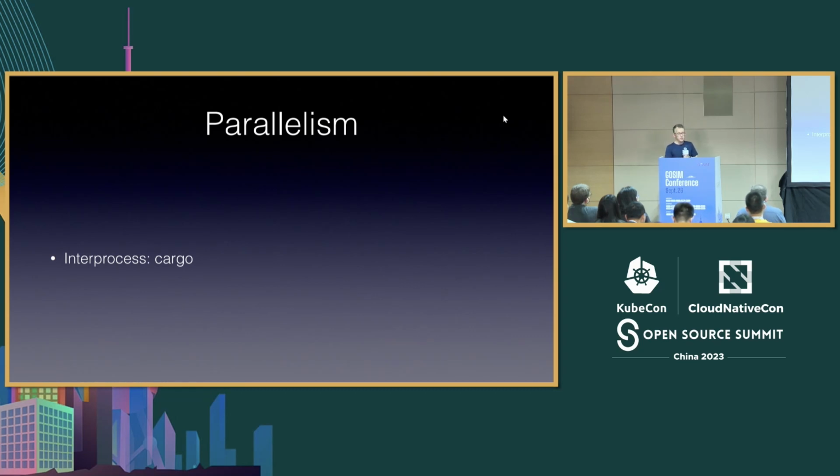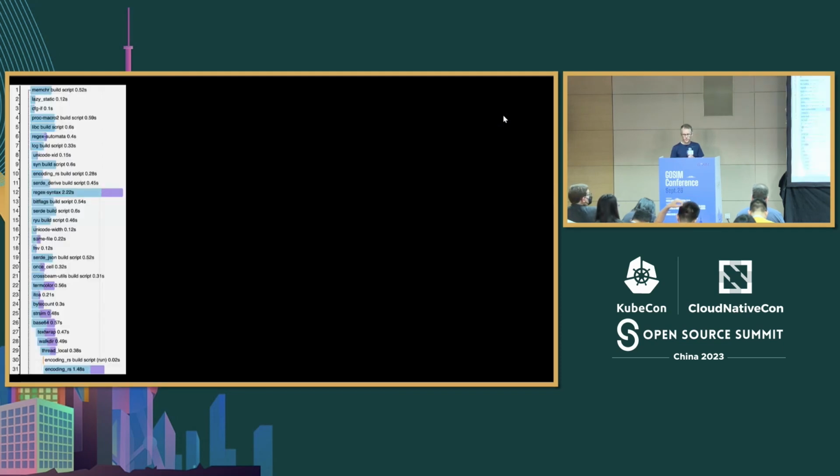So parallelism is an interesting topic. There's a lot of parallelism that comes from outside the compiler at the interprocess level, thanks to Cargo, because Cargo can set multiple rustc processes running at the same time. And here's a diagram that visualizes this. This was from a visualization of the compilation of the program ripgrep, a text search program that's very popular.